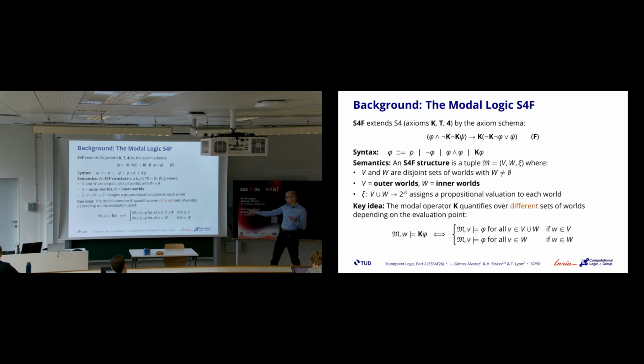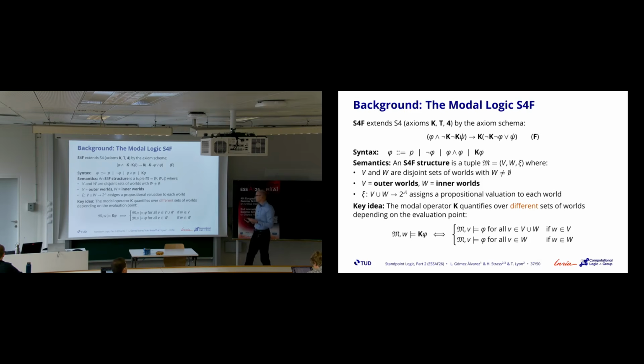Right? So if it's an outer world, then in order for phi to be known, phi must be true in all worlds, right? Because the outer world can see all outer worlds and all inner worlds. So phi must be true in all the worlds that this world can see, so to speak. If this is an inner world, it suffices that the formula is true in all inner worlds, right? Because the inner worlds can only see all other inner worlds, but they cannot look outside.